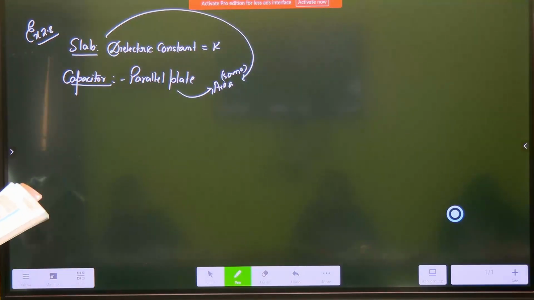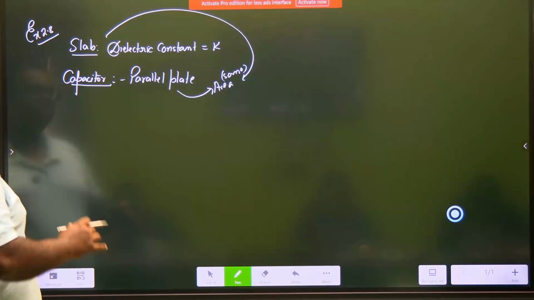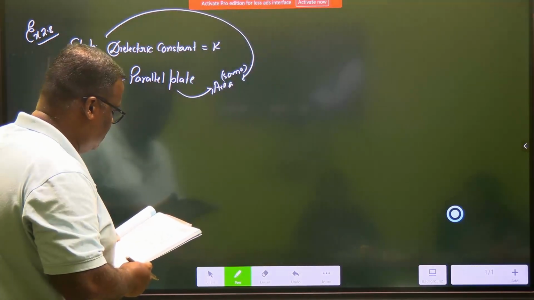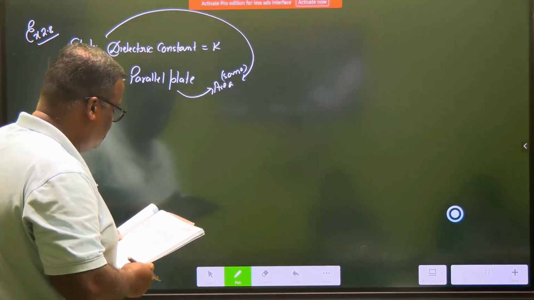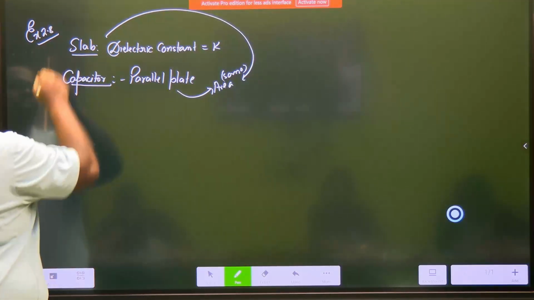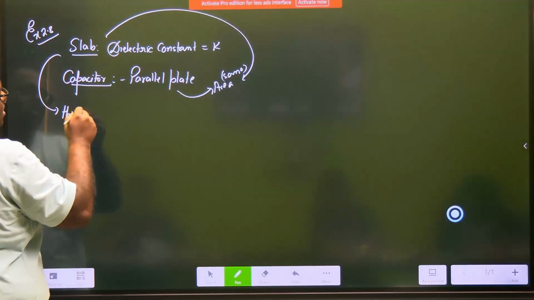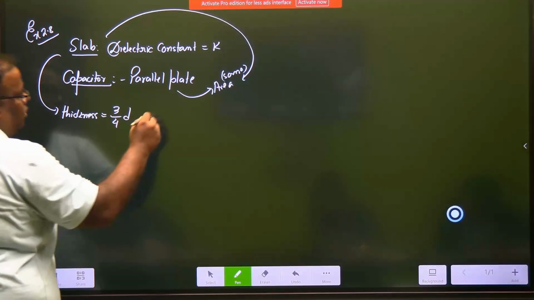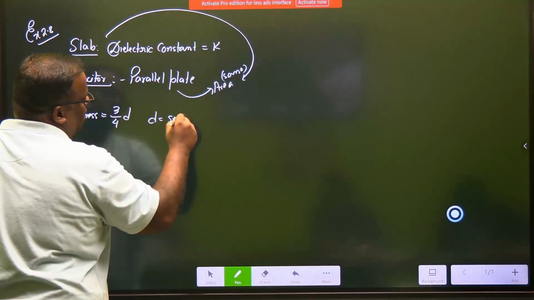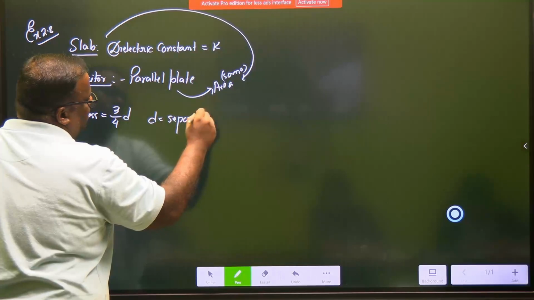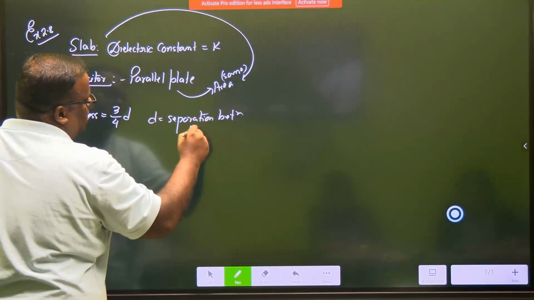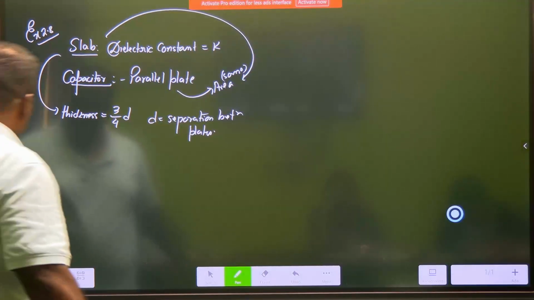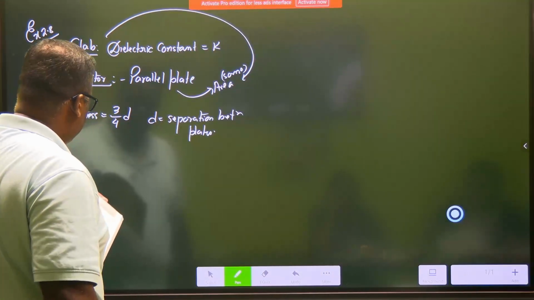Okay, but it has a thickness, which is 3/4 D. So the slab has got a thickness of 3/4 D, where D is the separation between plates. Right? This is the separation between plates. How is the capacitance changed when the slab is inserted between the plates?